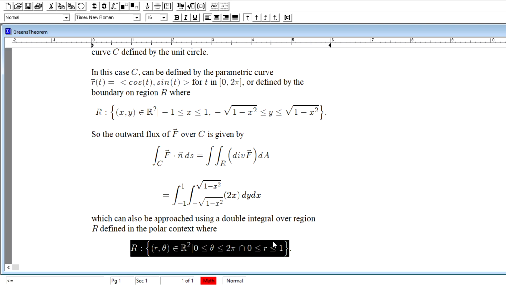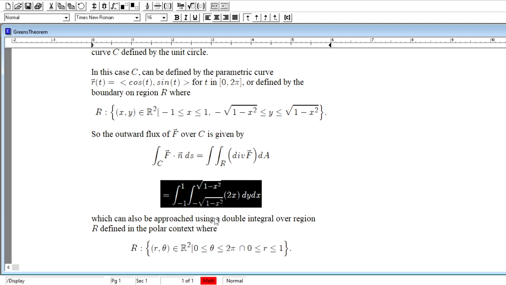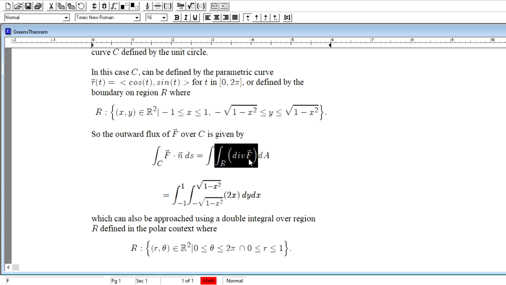We can say that region R is also described in the polar context as the values of r and theta, where theta is between 0 and 2 pi, and r is between 0 and 1, where I can then take this rectangular interpretation of the double integral over region R for the divergence of F bar and consider its calculation in terms of the polar context.